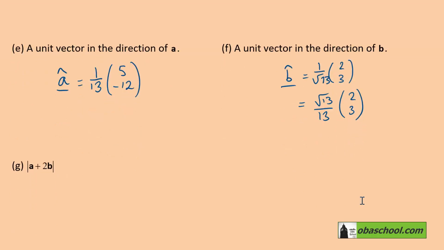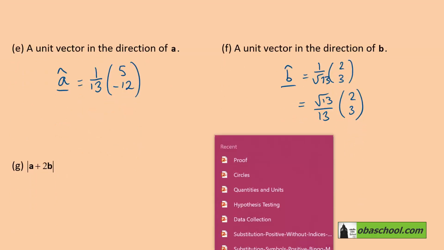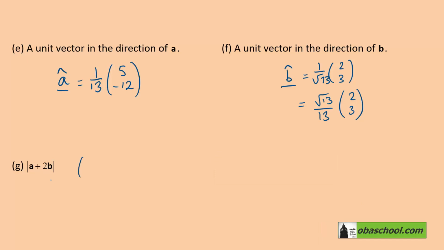And now we want mod of A plus 2B. So if we do A plus 2B, that's 5, negative 12, plus 2B, which is 4, 6. So that would be 9, negative 6.